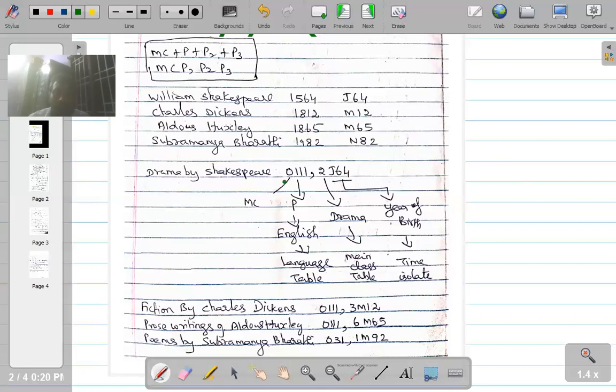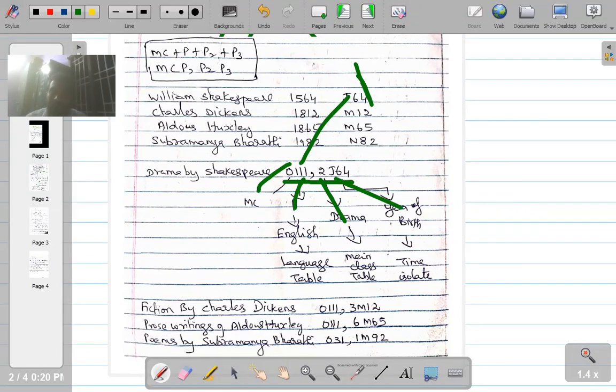O111, comma 2J64. Why comma? There is a symbol between P and P2. So this is the main class. And this is P and this is P2. Between P and P2, there is a need to have a comma. Then comes P3. This is P3, but there is no symbol between P2 and P3 as per the rule given by Dr. S. R. Ranganathan.